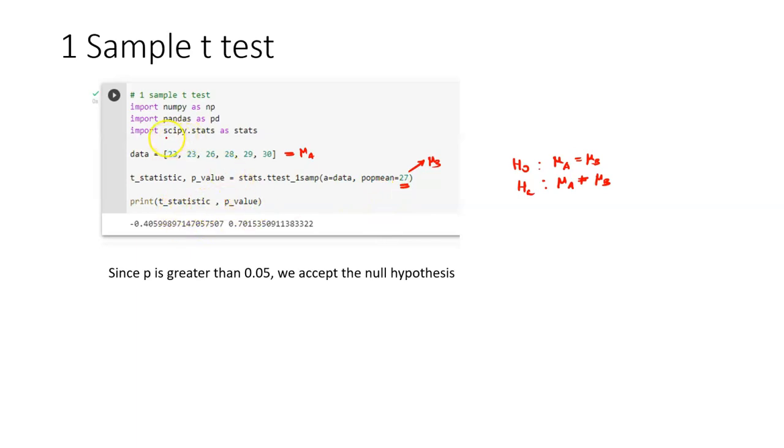For that we will be using scientific Python, which is SciPy, and we will be using the stats package. So when we execute this code, we get the t statistic and the p-value. Remember I showed earlier, from this statistic I can look at the t distribution table and find the critical value for a particular confidence level.